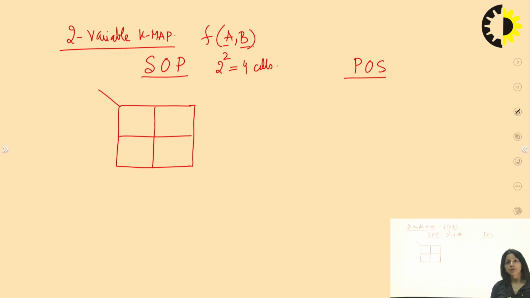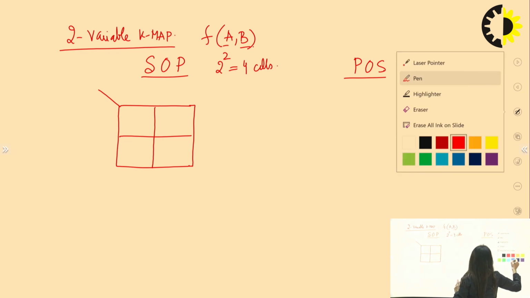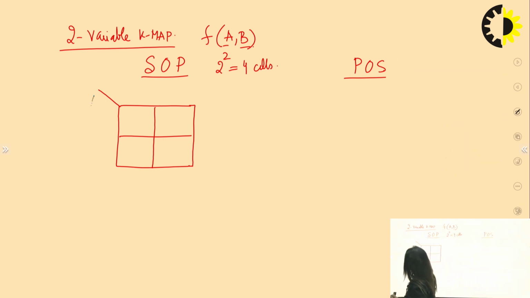Now, I would like to put my variables on this K-map, right? What I follow is, I put my first variable down the line at the corner. I will place my first variable A here and then I will put my second variable B up the line.